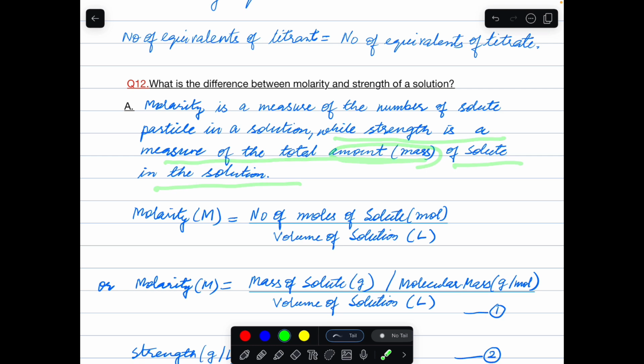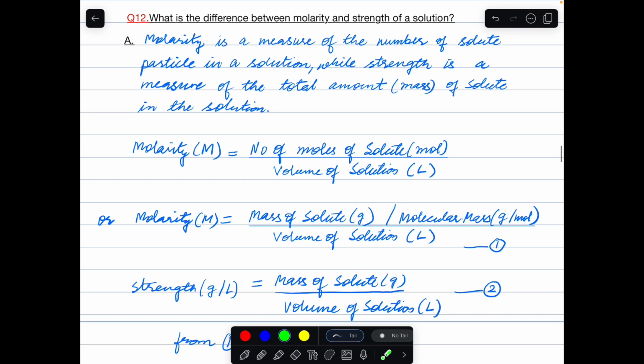So we write the formula of molarity, represented by capital M, as number of moles of solute divided by volume of solution in liters. And we can rewrite the molarity by splitting the number of moles of solute: number of moles is mass of solute in grams divided by molar mass in grams per mole. So this is molarity.